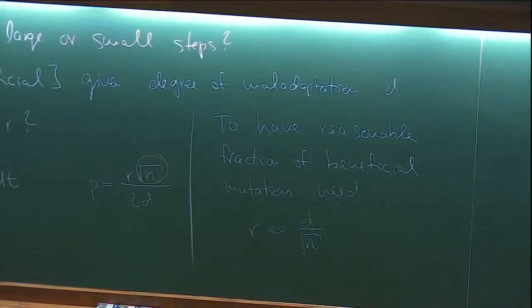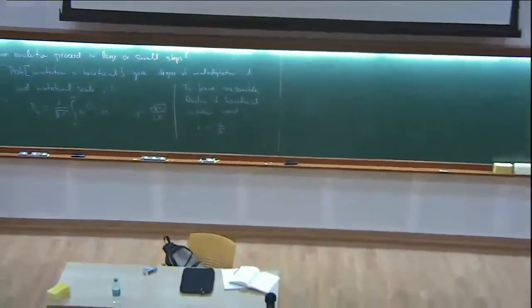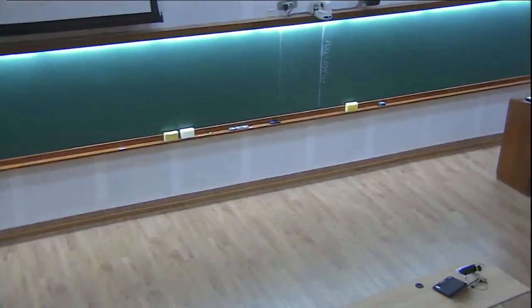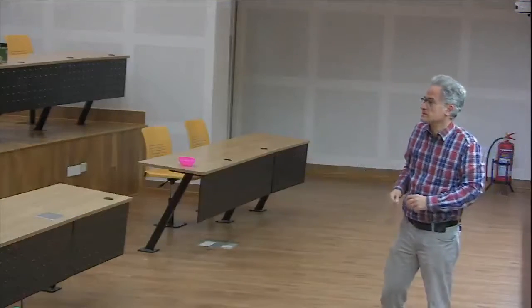No, sigma squared is just related. I'm calling this R. So essentially, R is equal to square root of N times sigma, right? So that's just the mutational scale, how big the circle is.